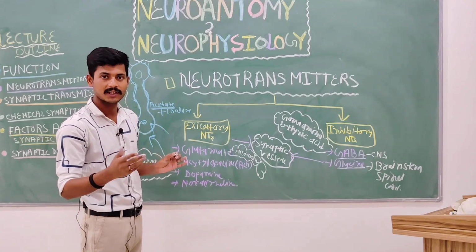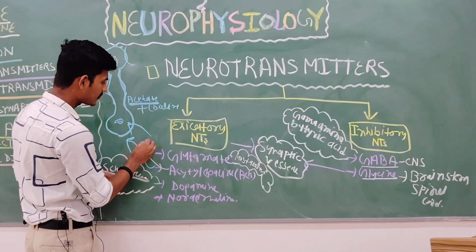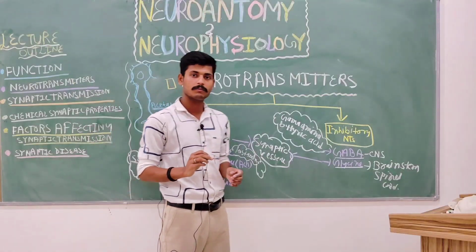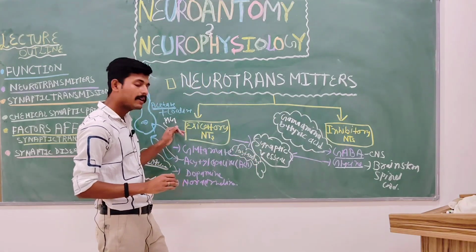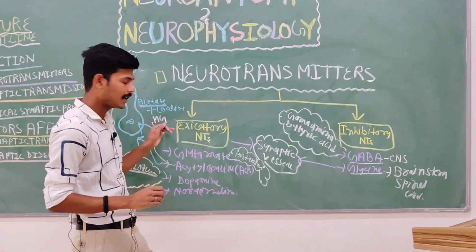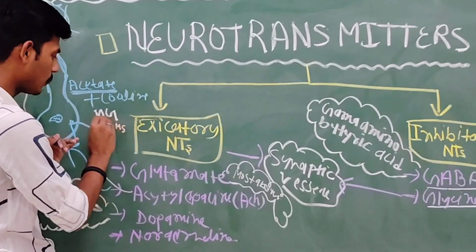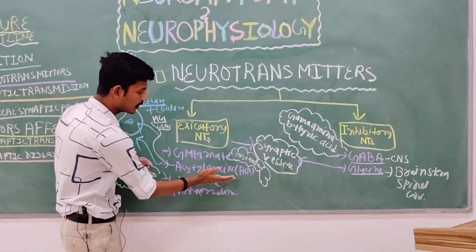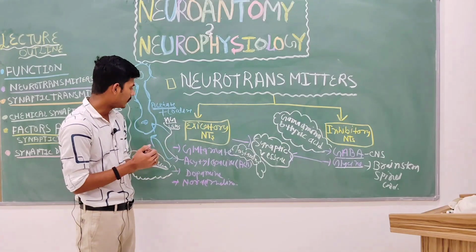You previously saw the autoimmune disease that we term myasthenia gravis, isn't it? Apart from that, there is one more rare disease called Lambert-Eaton myasthenic syndrome. These two diseases are associated with acetylcholine function, which we will see later on.